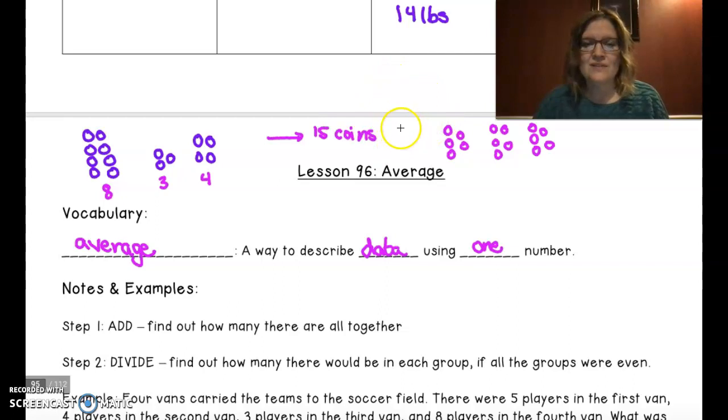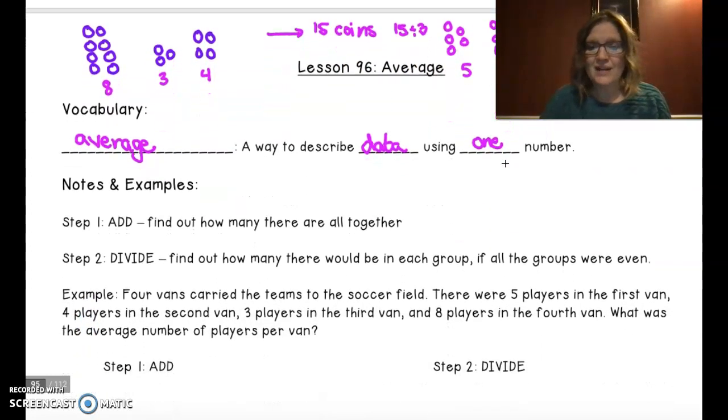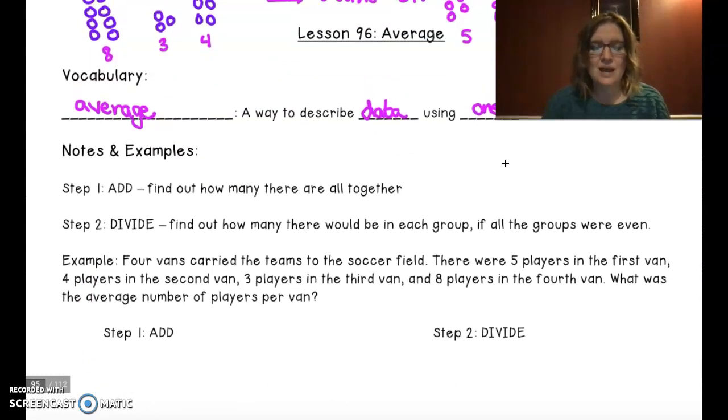Well, we take 15 and we divide it into 3 groups. 15 divided by 3, and look what we get. We get 5 in each group. So while the original piles have 8, 3, and 4, the average is about 5 in each pile.